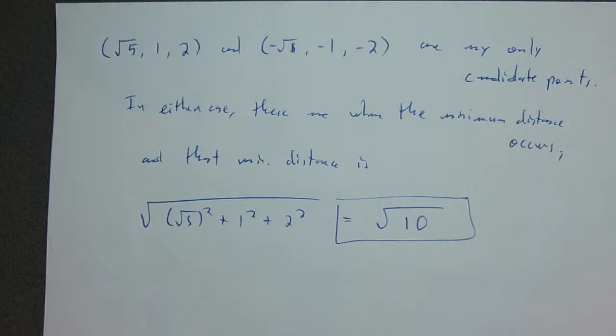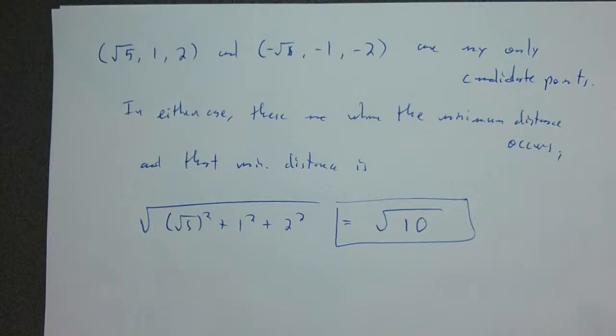So the closest point on my surface sigma is root 10, and it occurs at those 2 points. Both of those points are on sigma. How am I able to tell what points are on sigma? I just plug into the equation that defines sigma. They're on sigma if when you plug in an x, y, z into that equation, it holds. If it doesn't hold, then that point isn't on sigma.